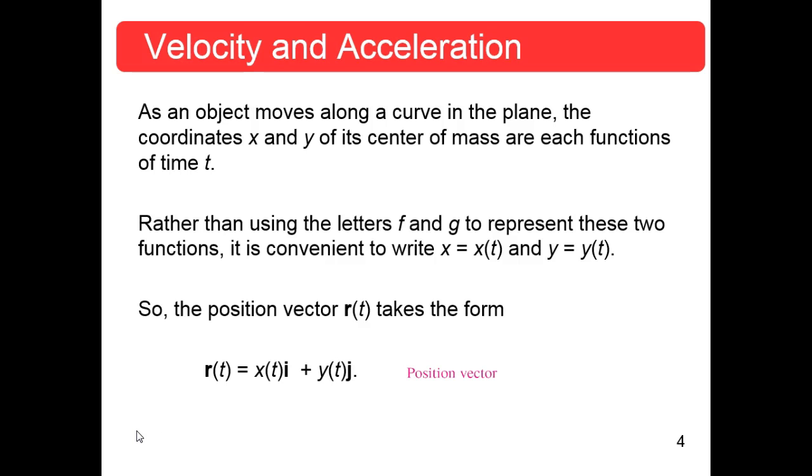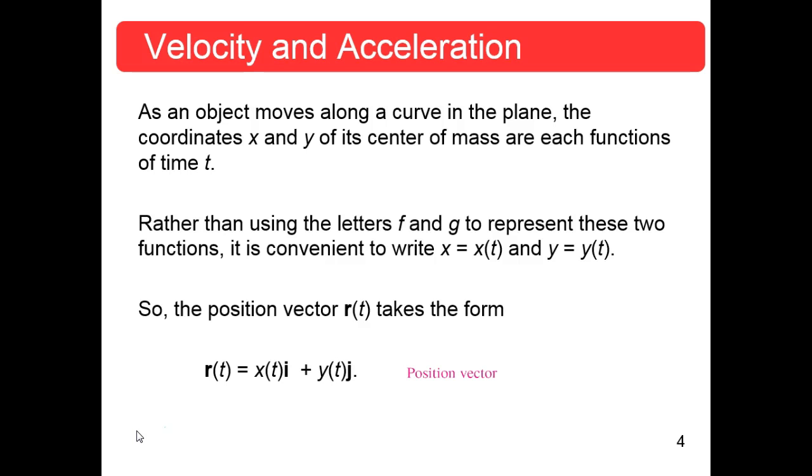Rather than using the letters f and g to represent these two functions, it's convenient to write x equals x of t and y equals y of t, okay? Pure mathematicians probably wouldn't care for this notation, but we'll go with that. So the position function r of t takes on this form: r of t is equal to x of t i plus y of t j.